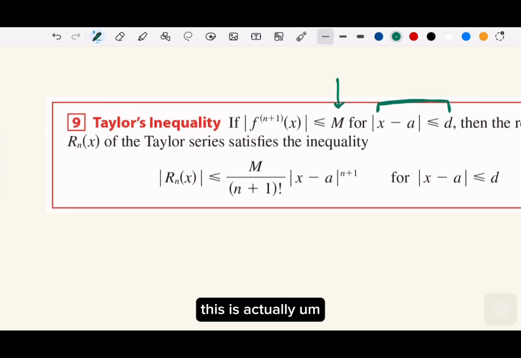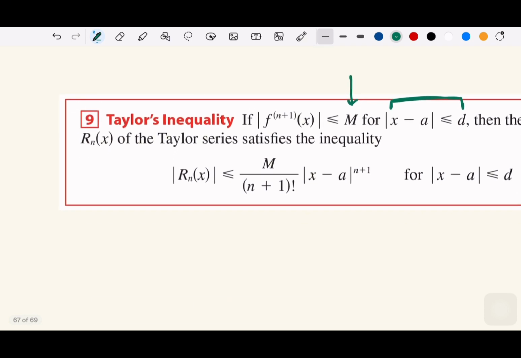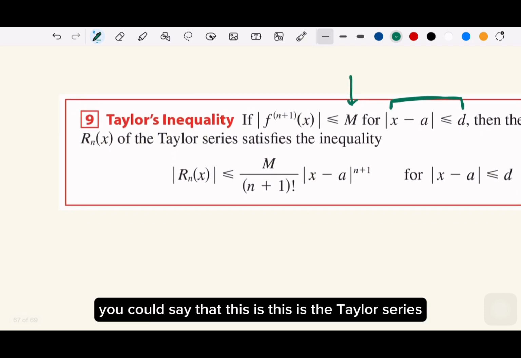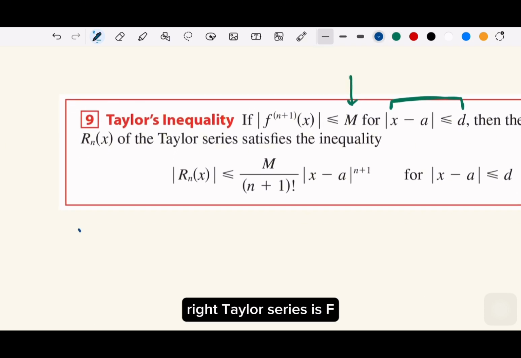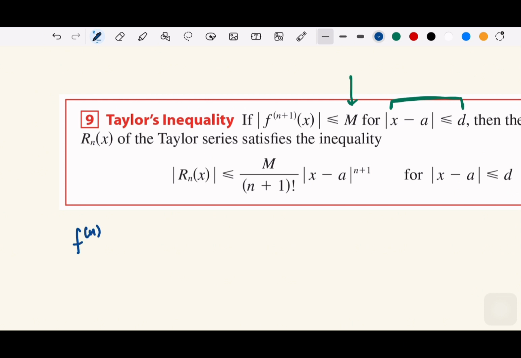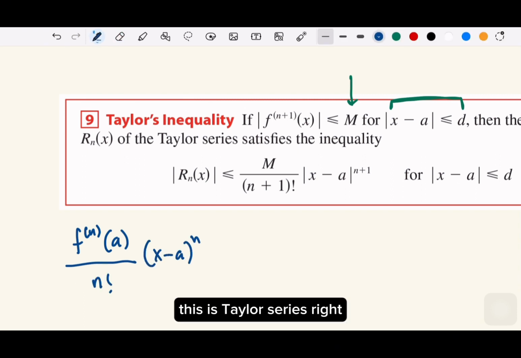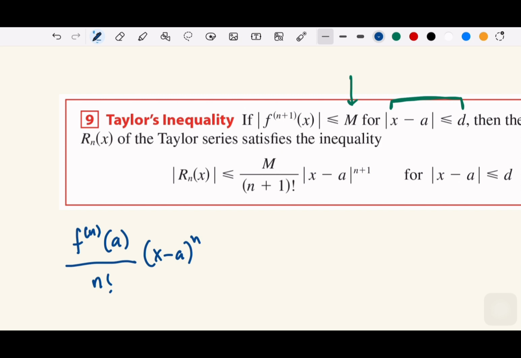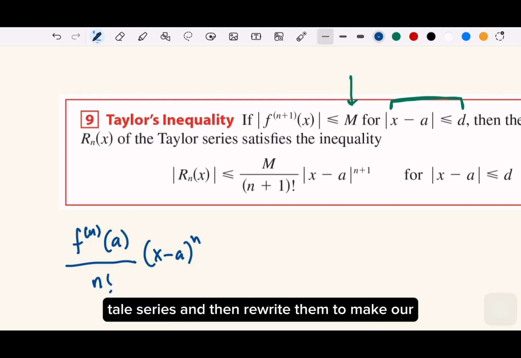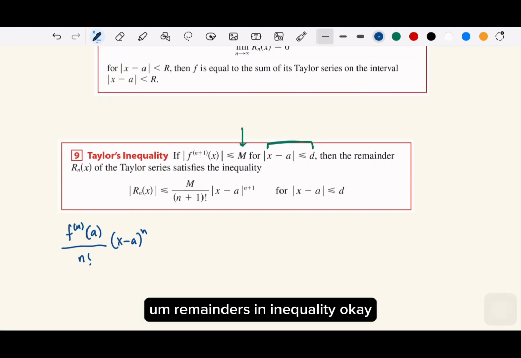This is the Taylor series, right? So we take the Taylor series and then rewrite it to make our remainder's inequality.